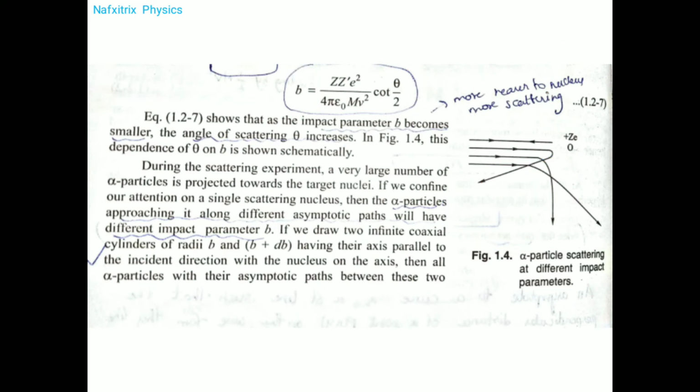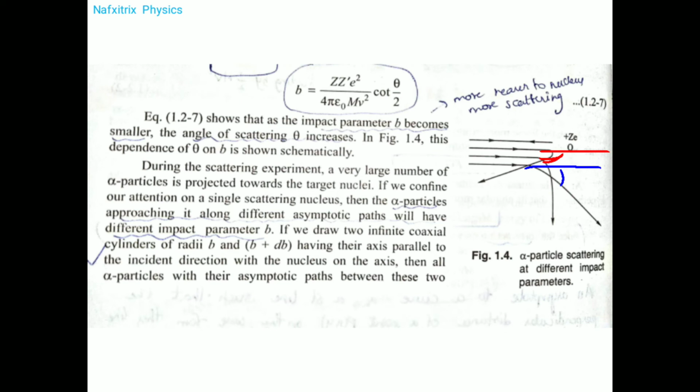This dependence on theta is shown schematically. So here you can see. So here the angle of scattering is less, but here the angle of scattering is more. Let me indicate it. So here the angle of scattering is more. So this is the angle of scattering.